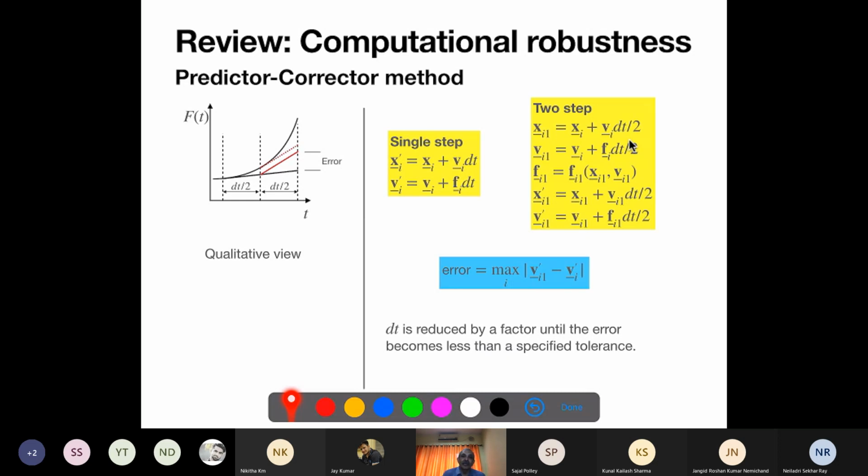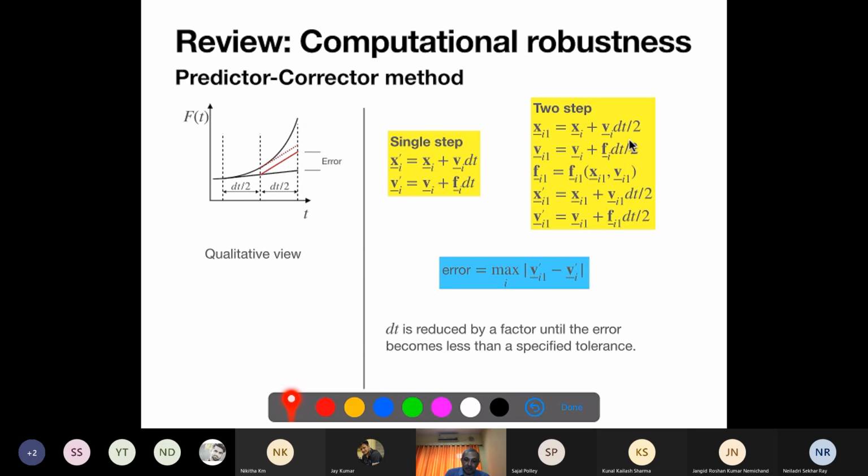In the last class you will remember that when I ran the program, the velocities all blew up, and the reason is that the time step was so big that the computation became unstable.